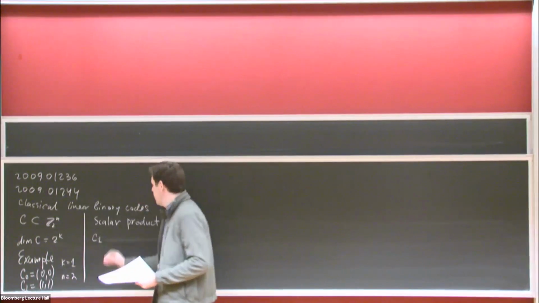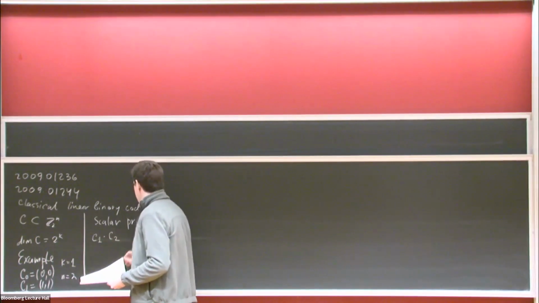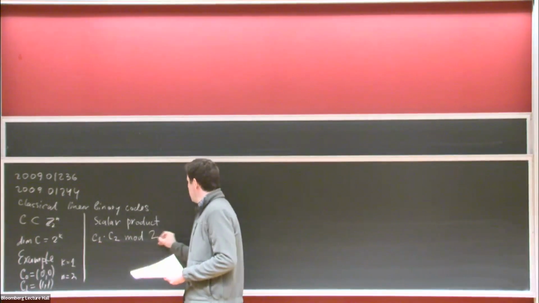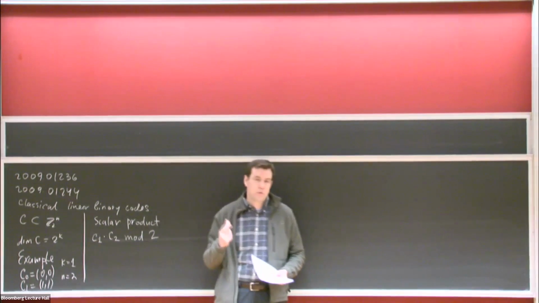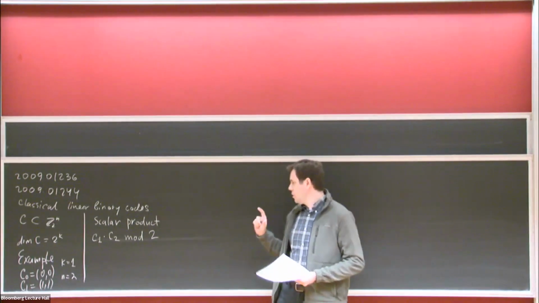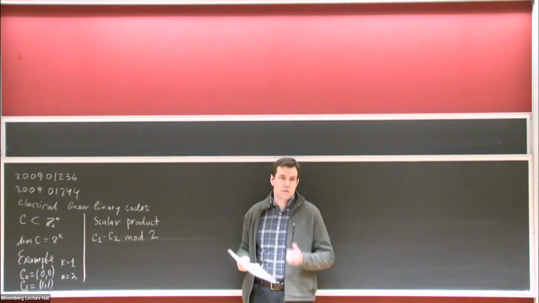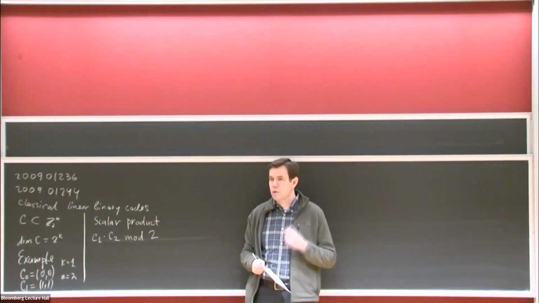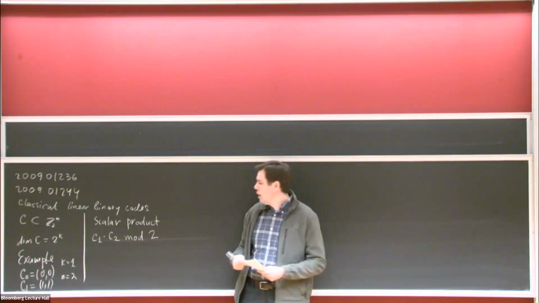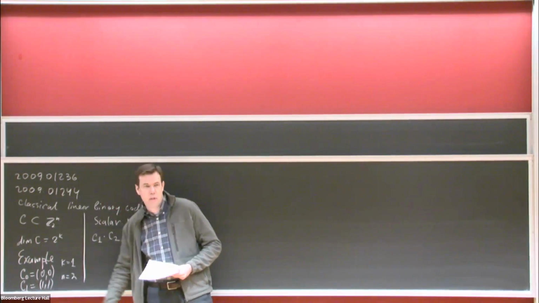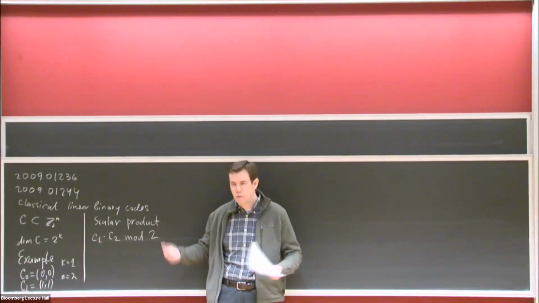You multiply a vector by another vector, but in the end we take the answer mod 2, such that the scalar product could be equal to 0 or 1. Because of this, you can have something which cannot happen in the conventional case: a vector which is self-orthogonal. For example, this vector C1 is self-orthogonal because its scalar product with itself is 2 mod 2, which is 0.